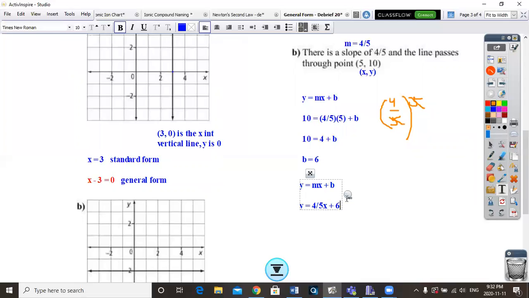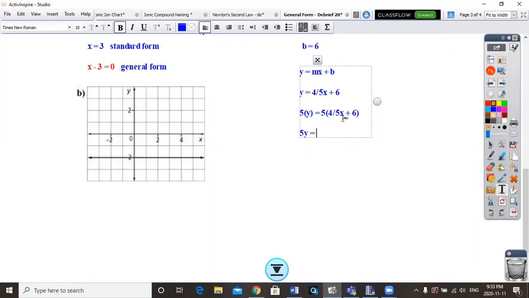So now, of course, we have to multiply everything by 5 to get rid of the fraction. 5 times y equals 5 times 4/5 x plus 6. And that gives us a 5y on the left side.